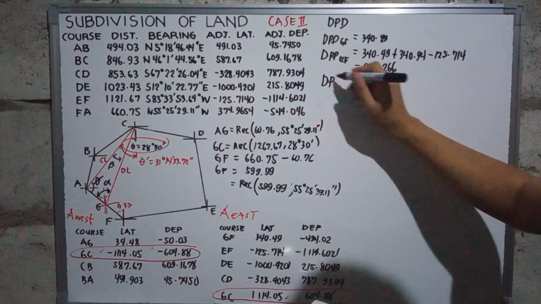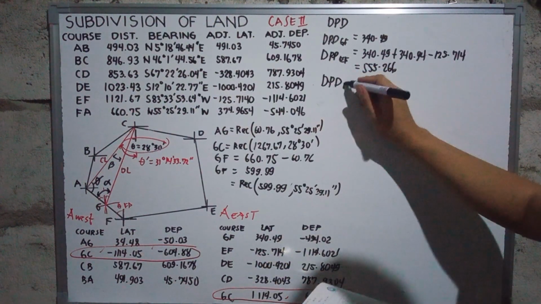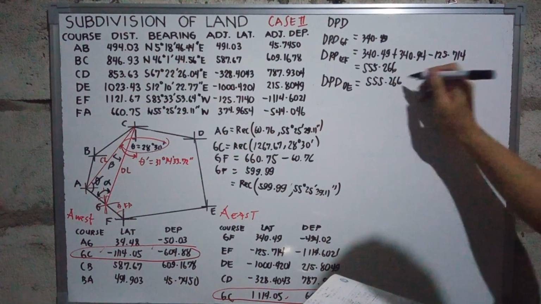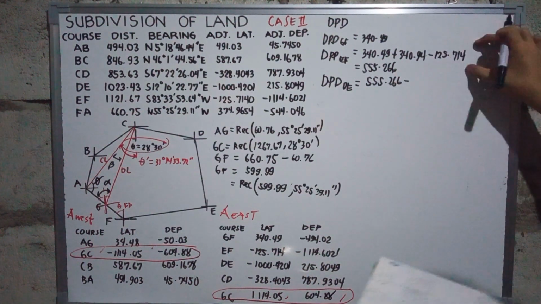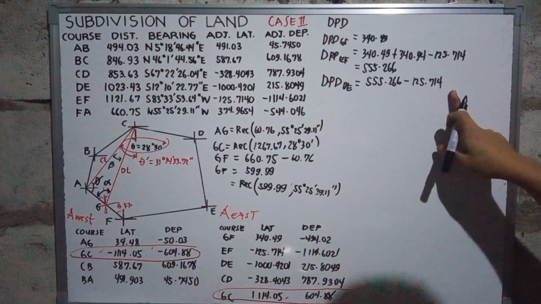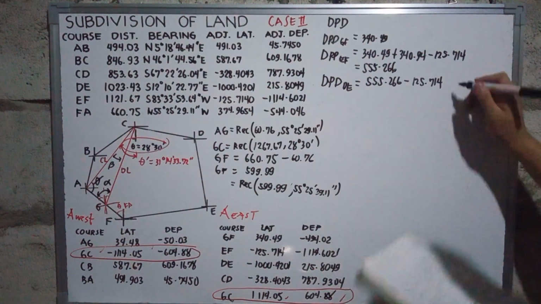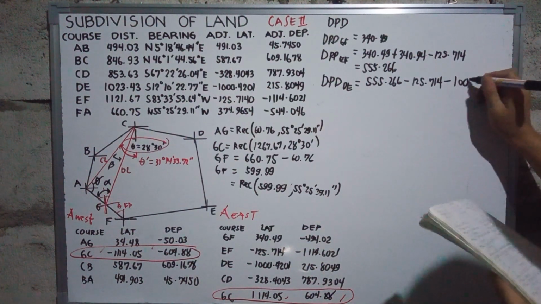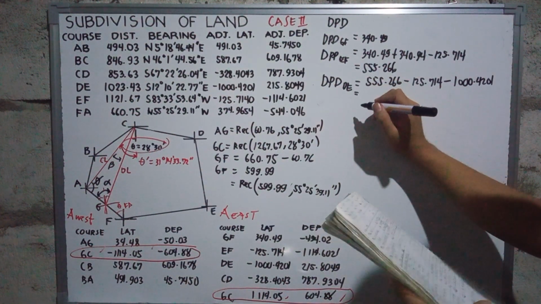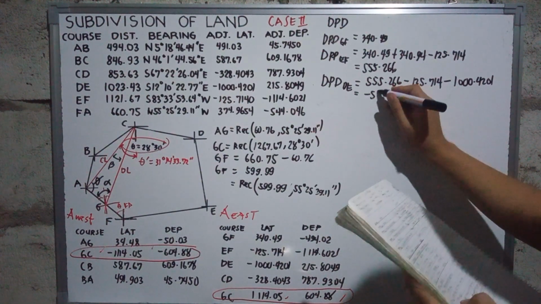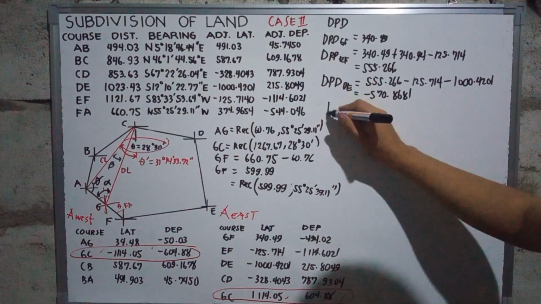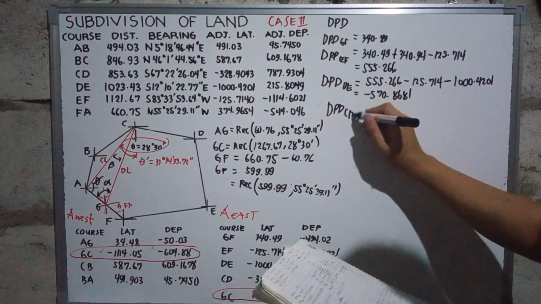Now, let's solve for the DPD of DE, the next line. Copy the DPD of the previous one minus this, the last point, plus the latitude of DE, which is equal to negative 1,000.4201. So it is now equal to negative 570.8681.